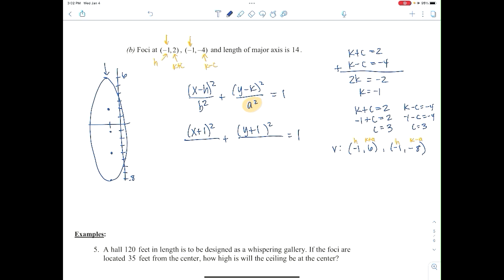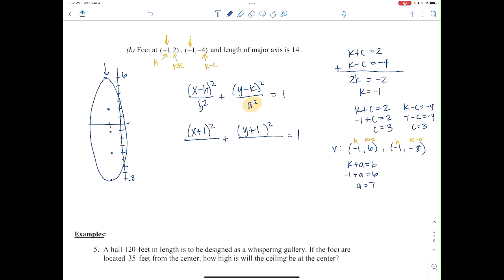So if we do almost the same sort of thinking, this is telling me that k plus a equals 6, and I know that k is -1, so -1 plus a is 6. That means a has to be 7.